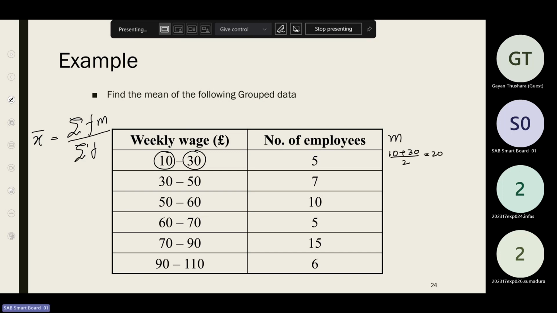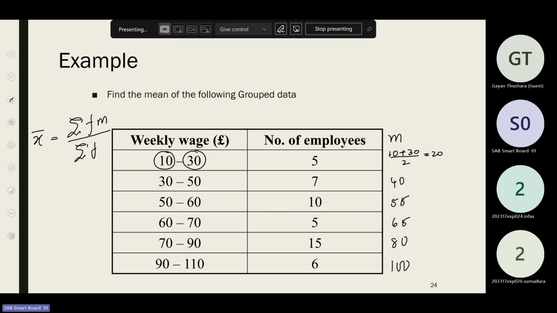Likewise, 30 plus 50 divided by 2 is 40. 50, 60 divided by 2, so that is 55, 65, 80. So we have the class midpoints, the M values.